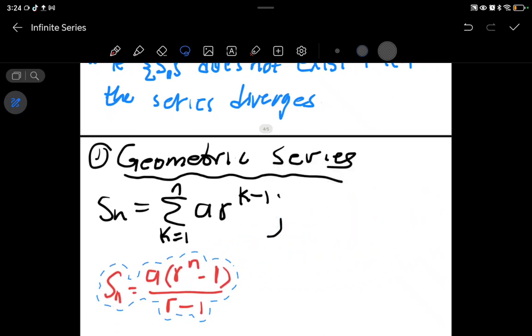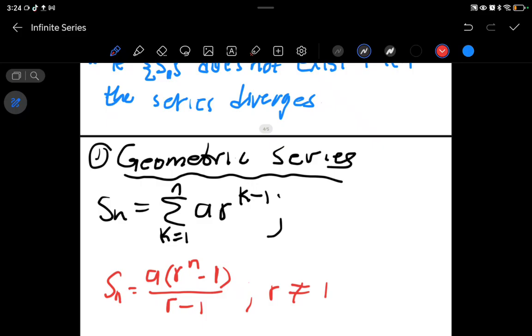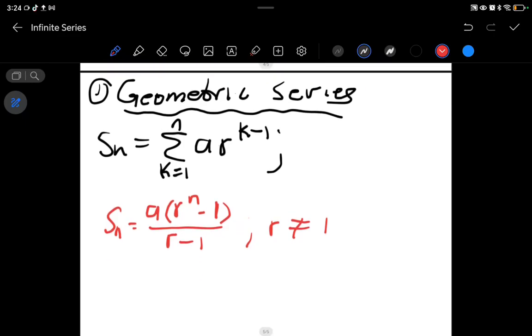And this one forces us to bound r, saying that r is not equal to 1, because if r becomes 1, the denominator will be equal to 0. So we are forced to bound this one. Check, the first one has the summation.